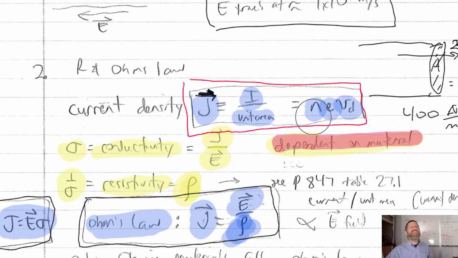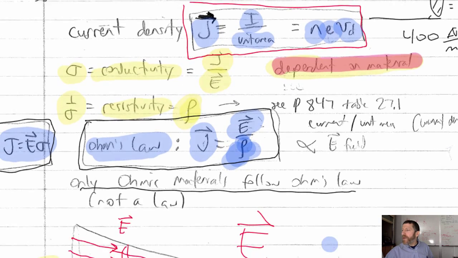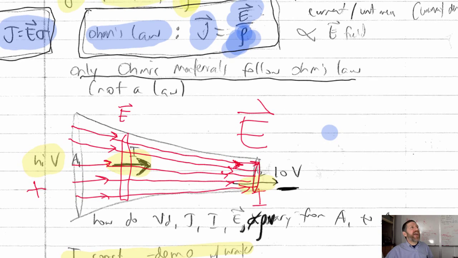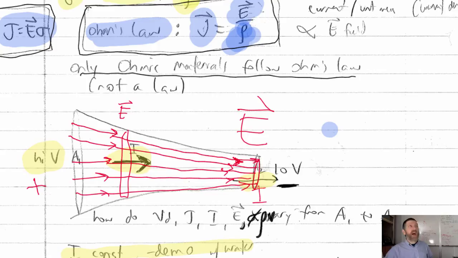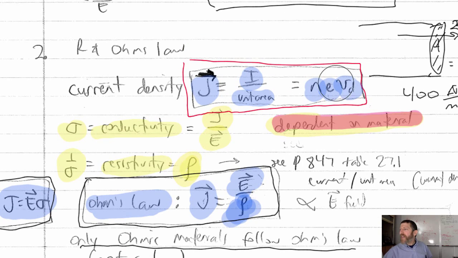Question: does the concentration of charge carriers change as you go from the wide end to the narrow end? Does little n change? Is water or are electrons compressible? No. n is a constant. You can't change the number of electrons per atom. You can't change little n. That's constant no matter what the thickness of the material is.